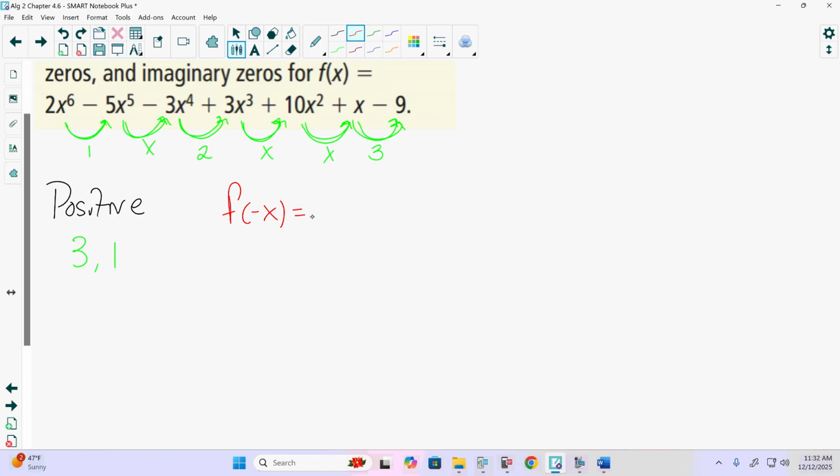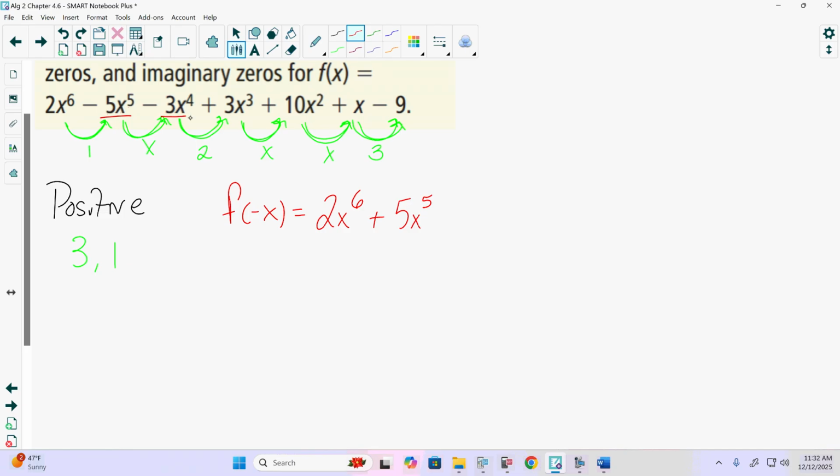Now, our first one, x to the 6th, since the exponent is even, the sign's going to stay the same. It's going to stay positive. Our next one is 5x to the 5th. Because the exponent is odd, we have to change the sign from negative to positive.